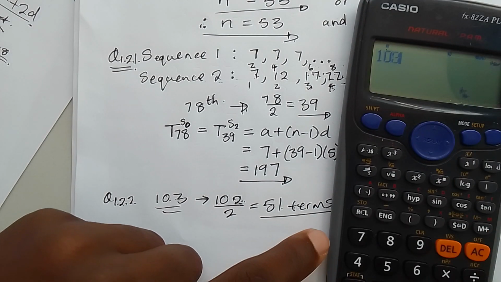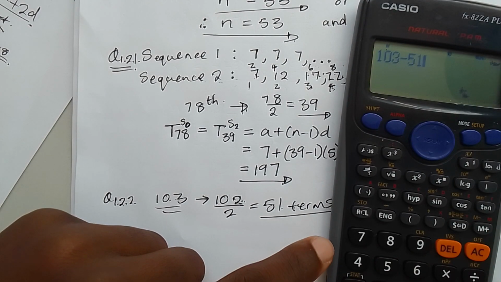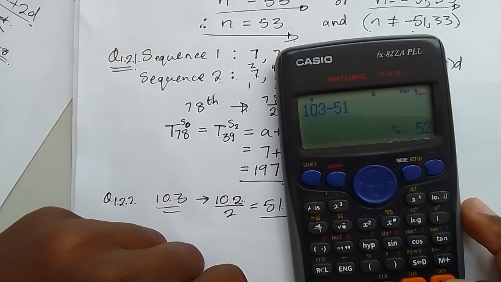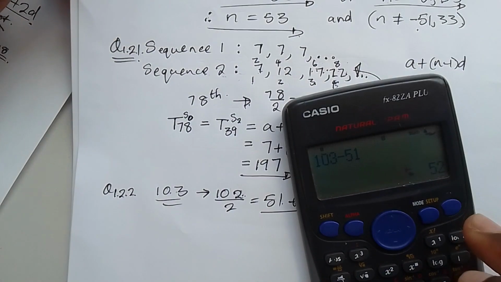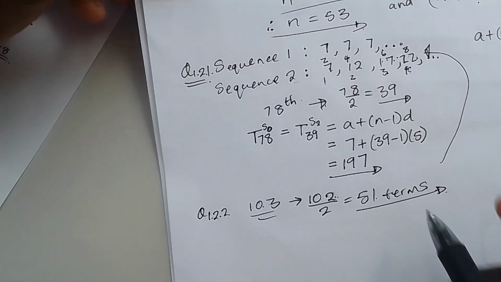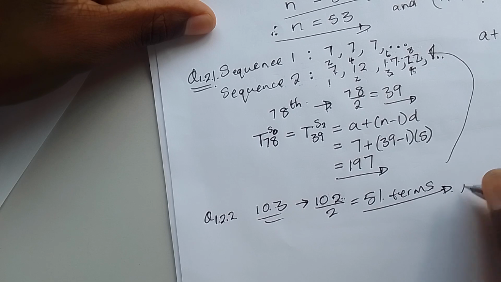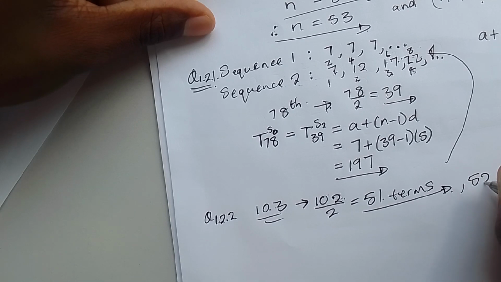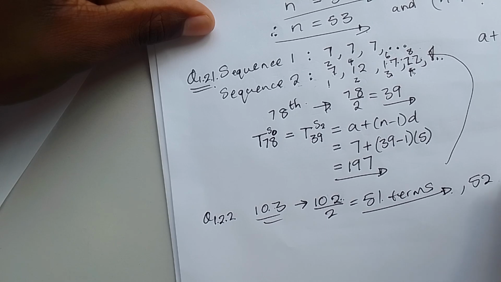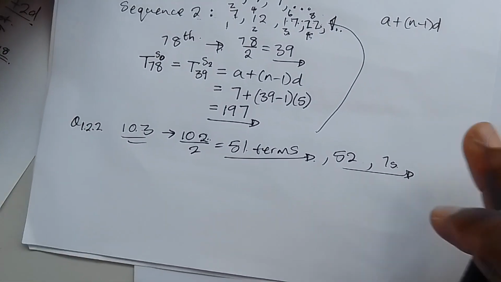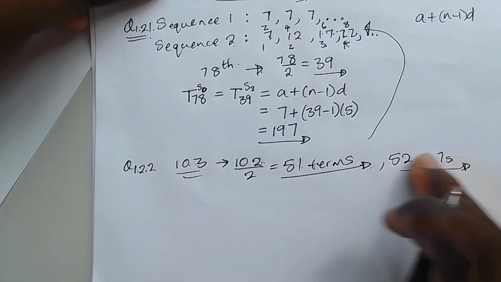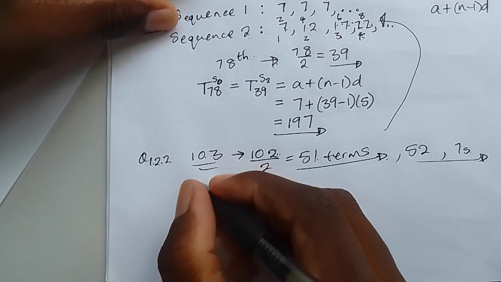You say 103 minus 51, it's 52. Simple. There are many ways to explain it, but this is the fastest way to get to the answer, it seems. So for the 7s, we need 52 7s. This is not an answer. This is just me trying to explain. Right, now let's get to the answer.